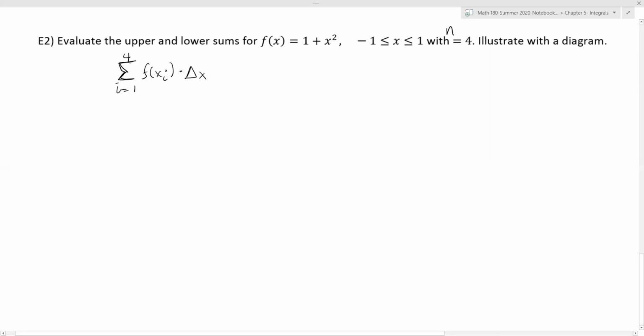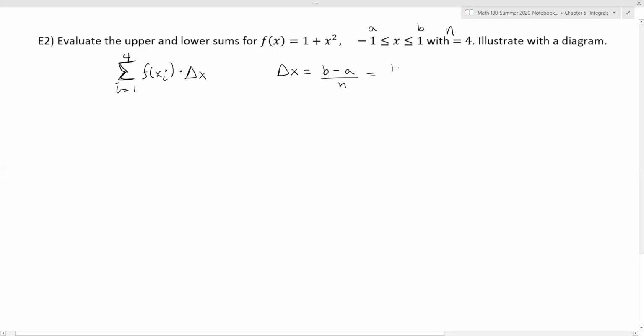Now our delta x, in this case, is going to depend on the endpoints. We'll call one a and the other b. So delta x is going to be b minus a divided by n. I'll draw you a picture of it to show you that.